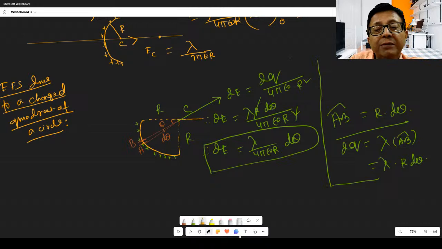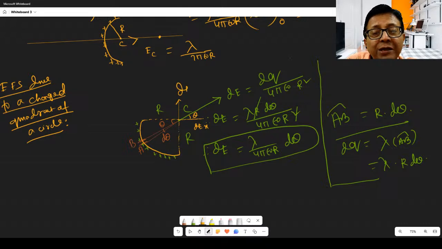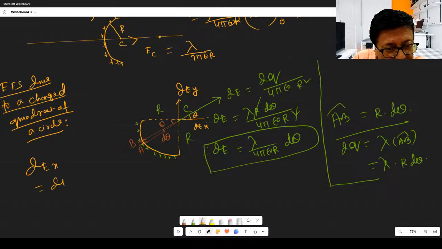Normal method, if this is theta, this one theta, the component this way will be dEx. This way it will be dEy. What is dEx? dE cos theta.